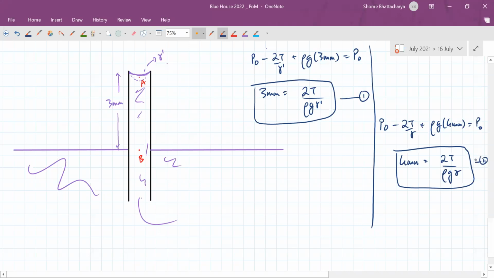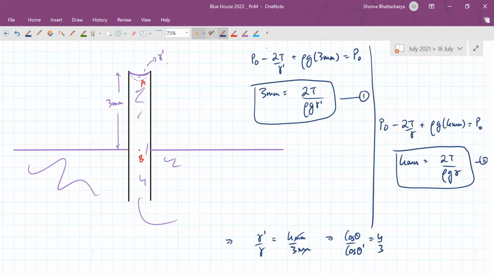You can compare these two equations and you can see that r prime upon r is going to be 4/3. So that means basically cos theta upon cos theta prime is 4/3. Its contact angle will change to theta prime. So cos theta prime will become 3/4 of cos 37.